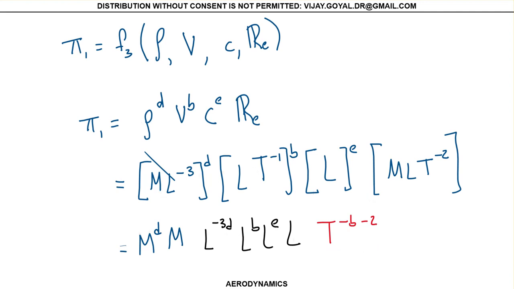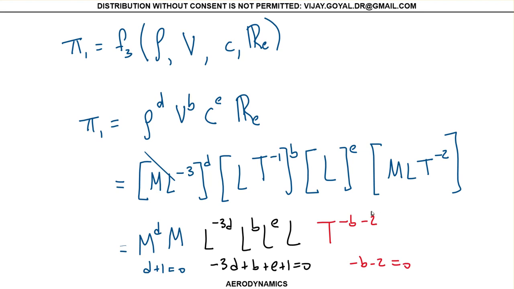So that means from here, I know that d plus 1 has to be 0. I know from here, minus 3d plus b plus e plus 1 has to be 0. And I know that here, minus b minus 2 has to be 0.